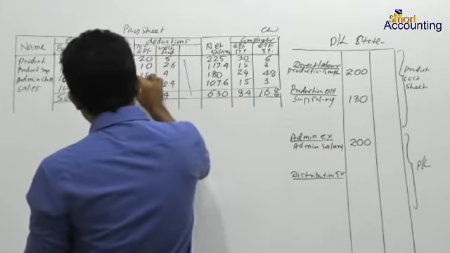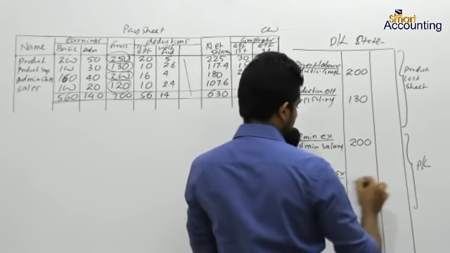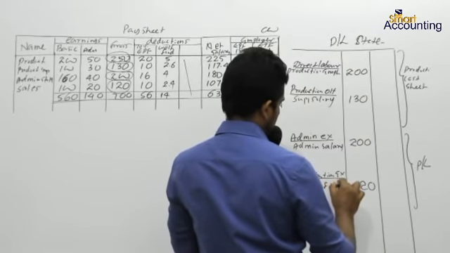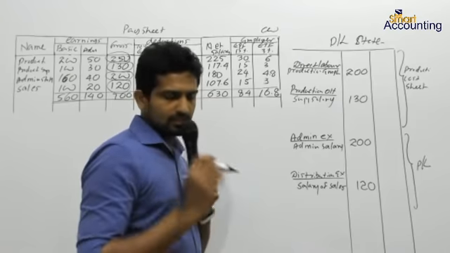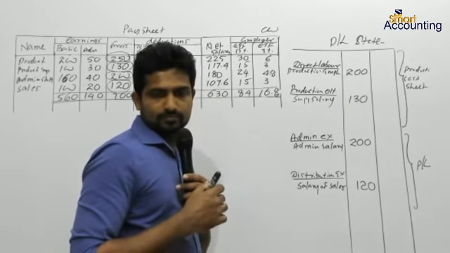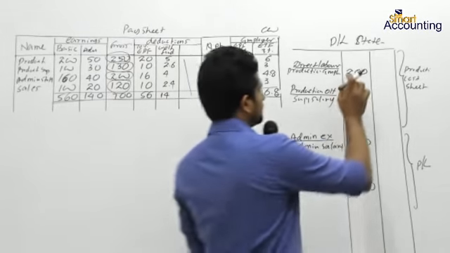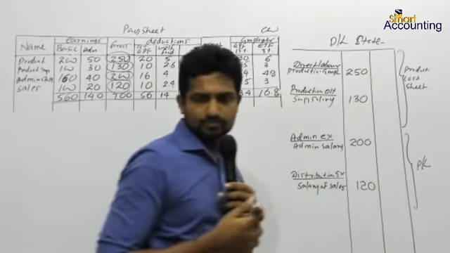And when you take the salary of the sales staff, that should come under distribution expenses. Salary of sales staff. Is it clear? The production employee salary is 250. Is it understood, please? Right.